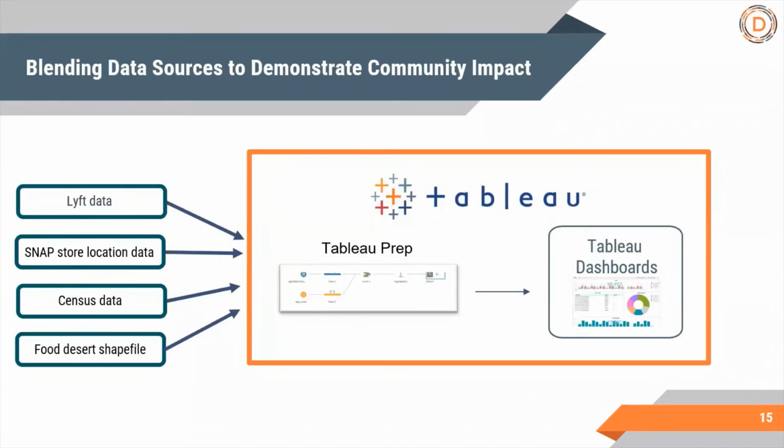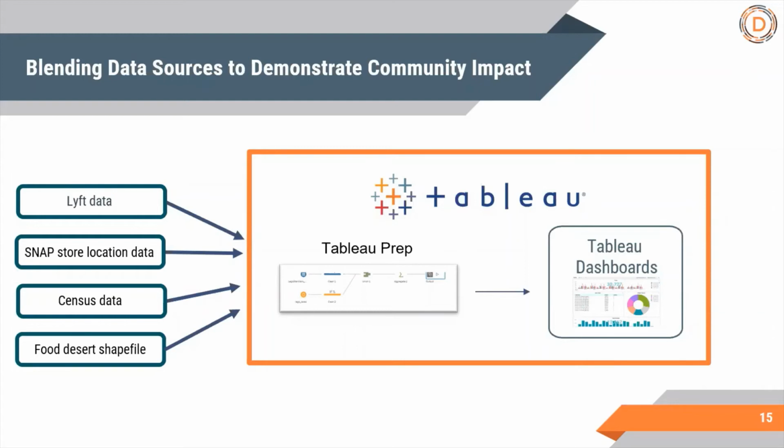Right, and so thanks, Milele. So yeah, Milele described that they knew there was a need. They had started a program and had some data, but they weren't sure what to do with it to show that impact. And so our first step was to gather all of the data that they needed and to bring it into Tableau.